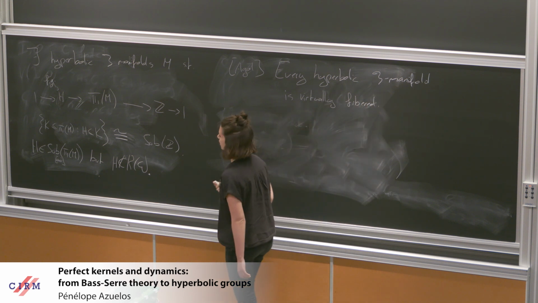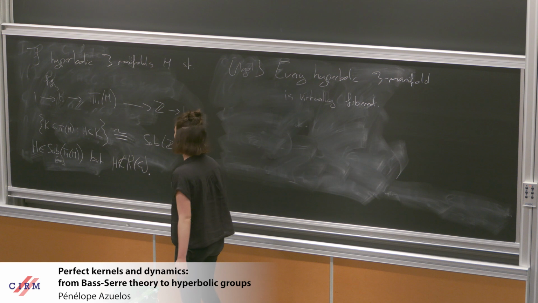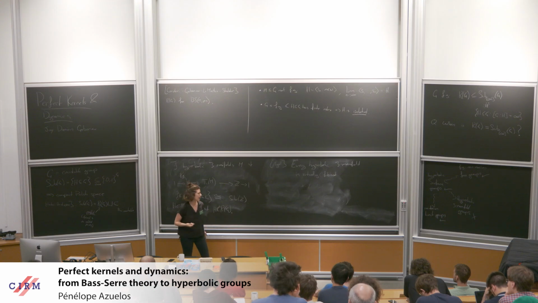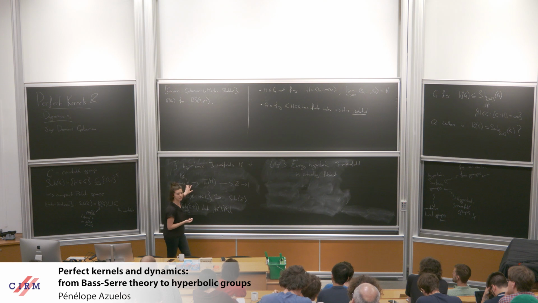And it turns out that, as you might expect, having this short exact sequence in a finite index subgroup is, again, enough to show that the kernel will not be in the perfect kernel.